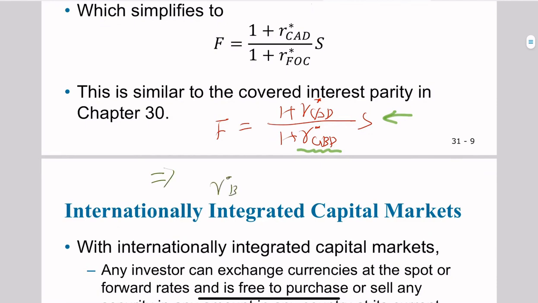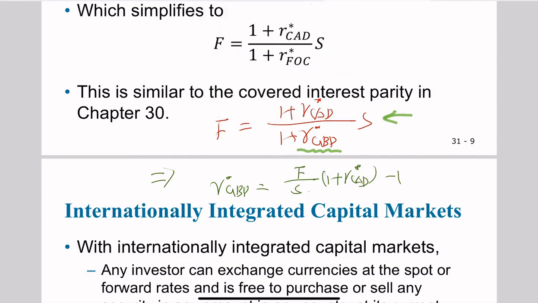You can find out the cost of capital in the UK equals, I think it should be F divided by S, times 1 plus the cost of capital in Canada, and then minus 1, right?